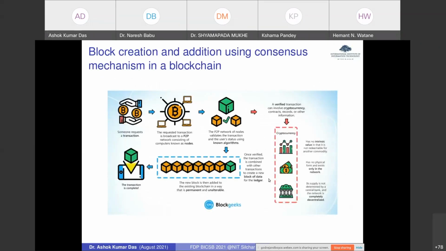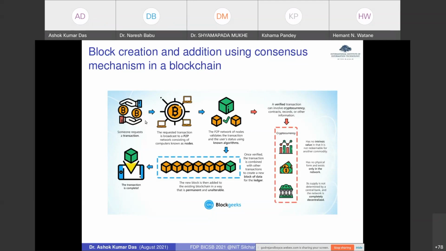Now let us take a simple example of Bitcoin: block creation and addition using a consensus mechanism, say proof of work, in a blockchain. Suppose that Alice wants to send some money to Bob. Therefore, Alice first initiates a transaction by creating a Bitcoin.